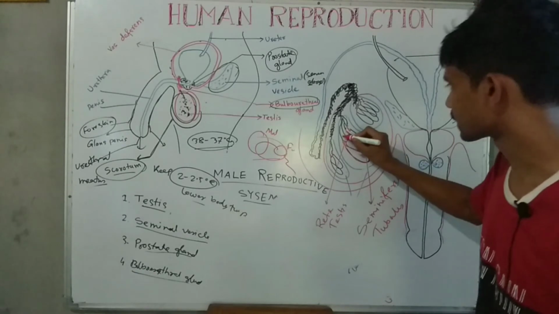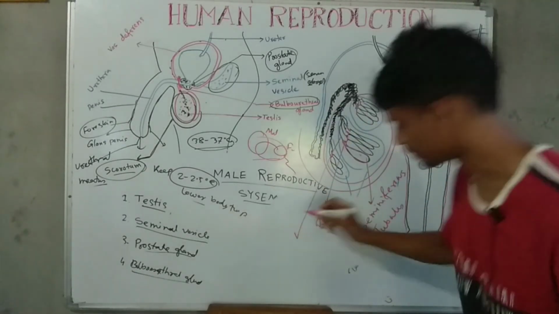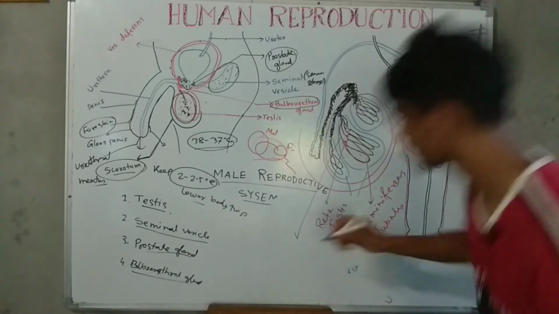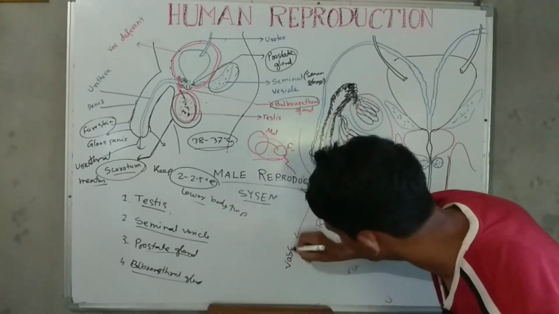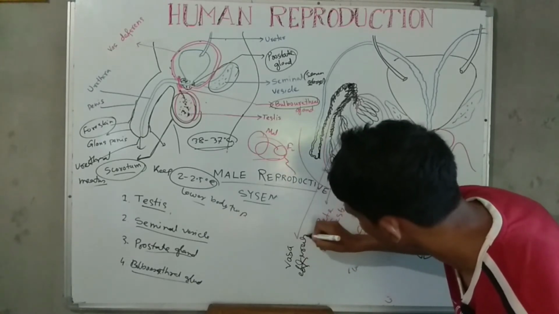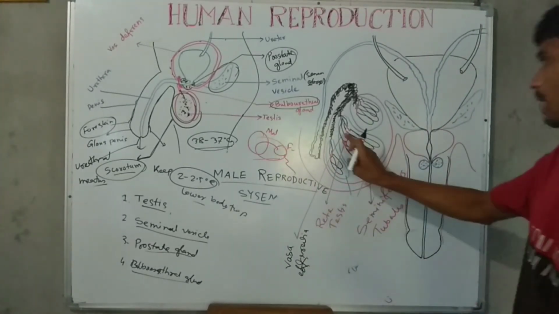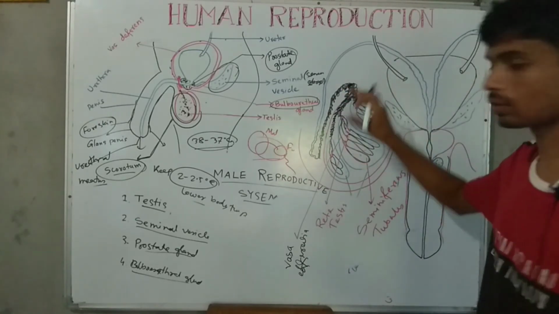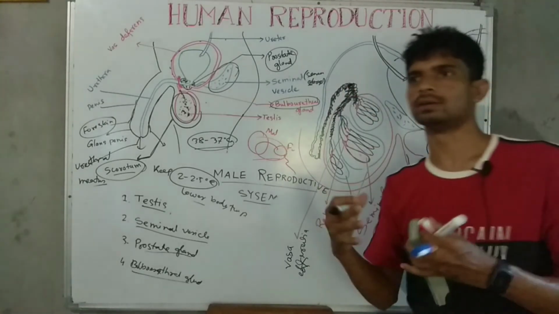After the rete testis comes the vasa efferentia, in black color. After the vasa efferentia, it ends into a highly coiled, super coiled structure.